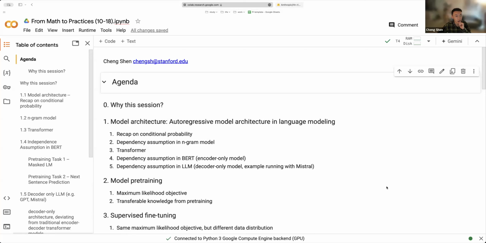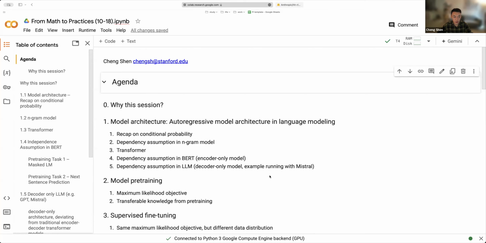If you have any question, feel free to either send it in the chat window or just unmute yourself, because when I share the screen, I might not be able to see you raising your hand. So I hope that you are all seeing the Google Colab notebook that I'm sharing.